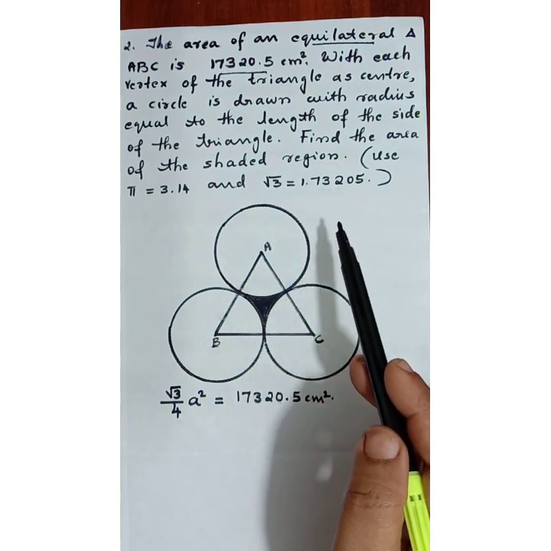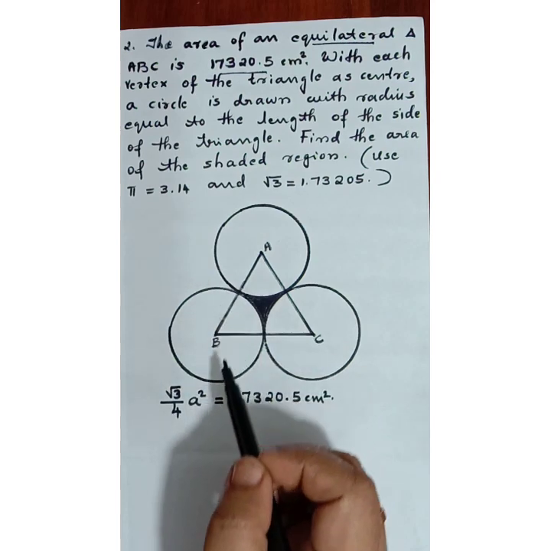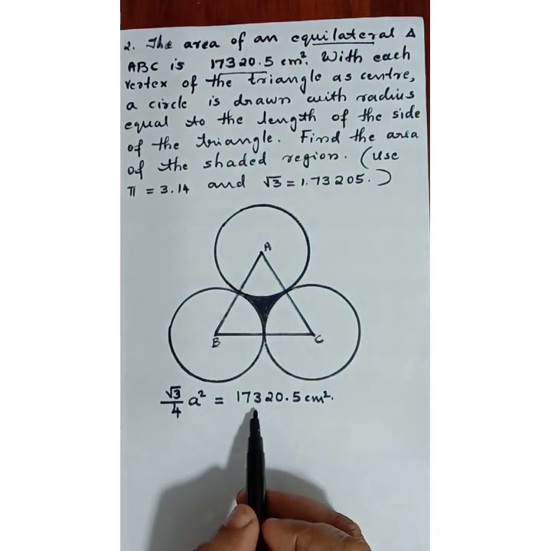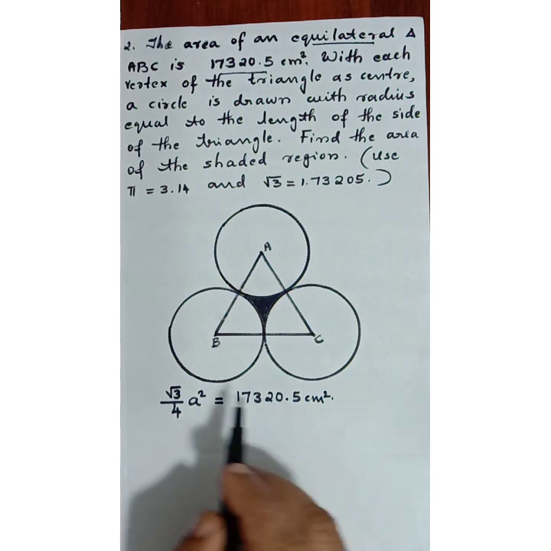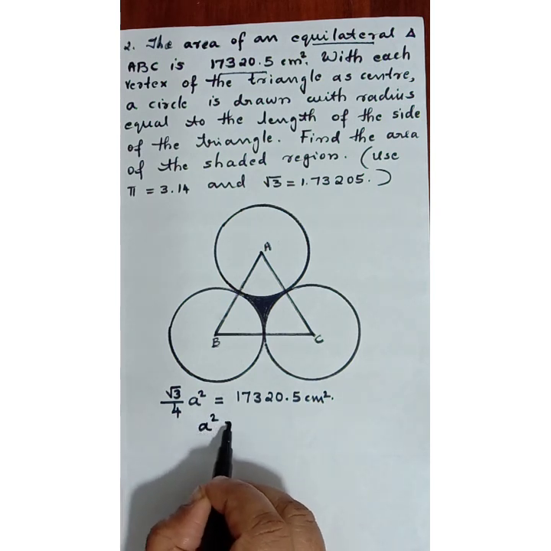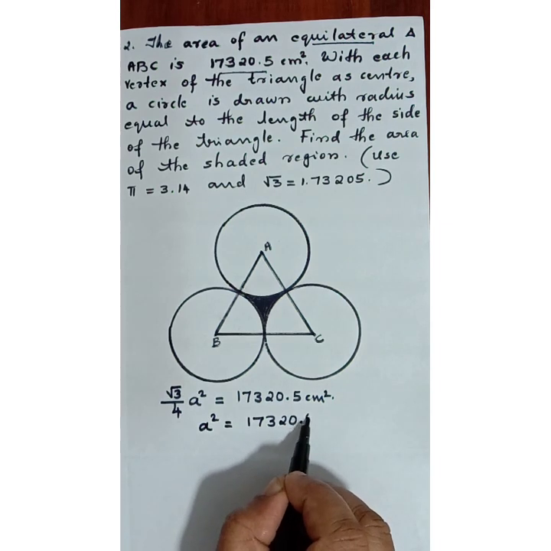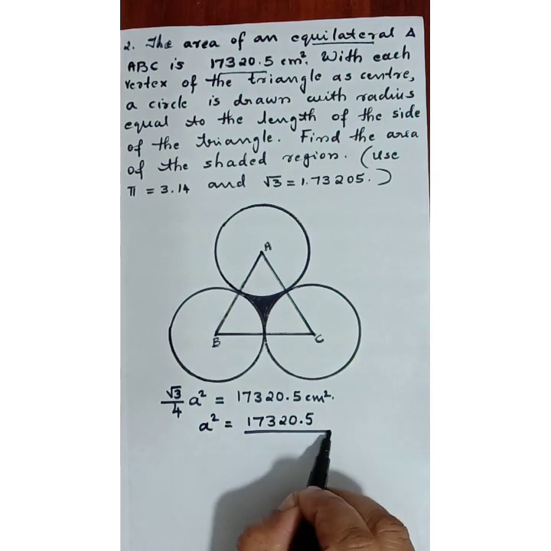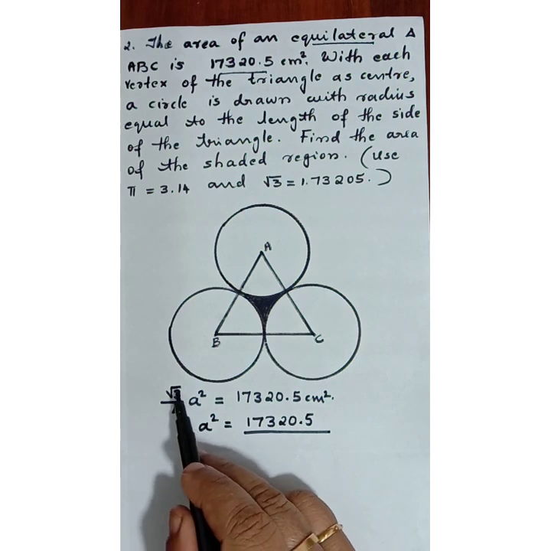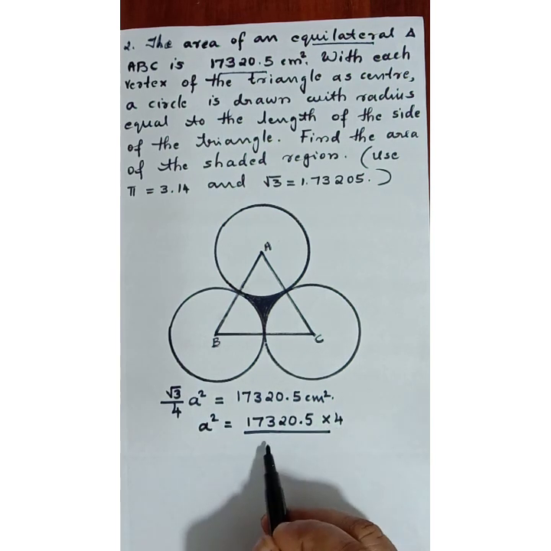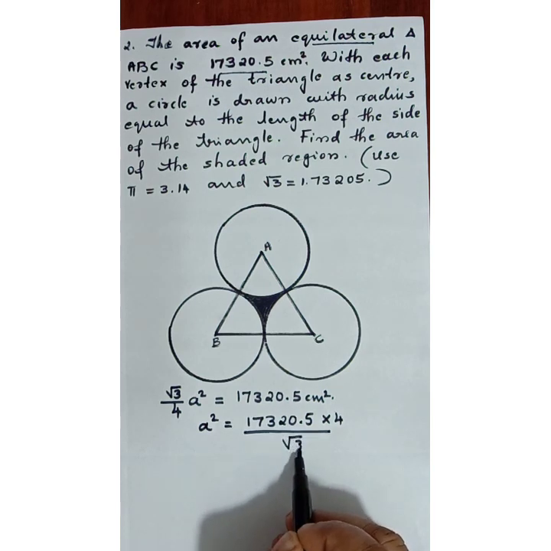So let us start with it. As I have told you, root 3 by 4 a square is equal to 17,320.5 cm square. Therefore, a square is equal to 17,320.5 divided by root 3 by 4, which comes as into 4 divided by root 3.